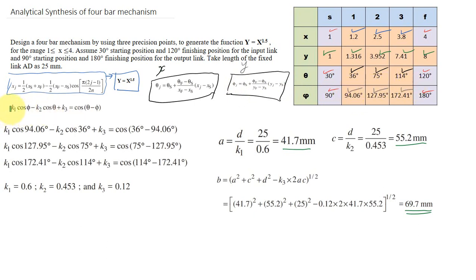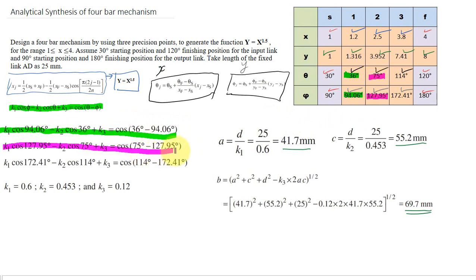Then use Freudenstein's equation: substituting these two values, you can obtain the first equation; using the next two values, the second equation; and using the last two, the third. So now you have three equations. Upon solving them, you will get the values of k1, k2 and k3.